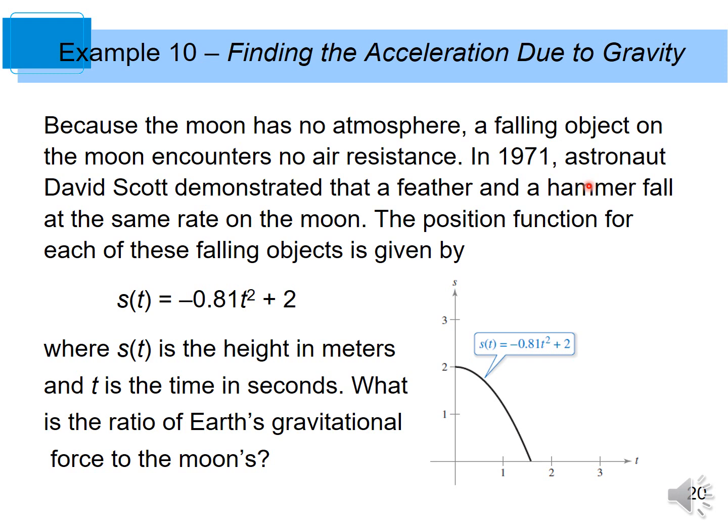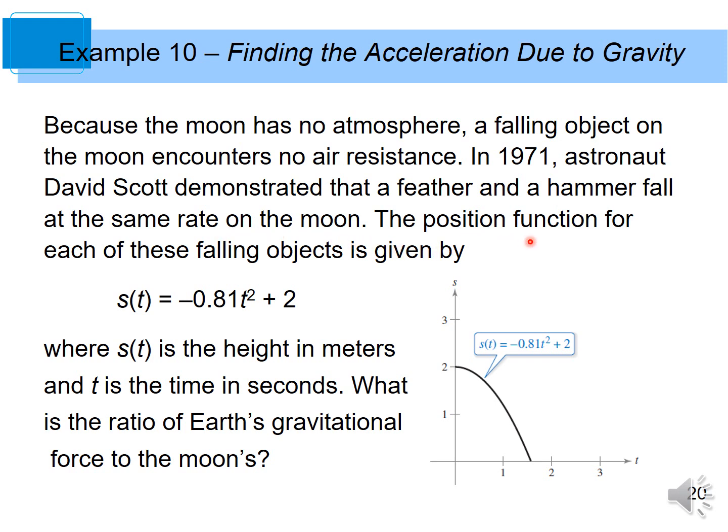Look at this example. Because the moon has no atmosphere, a falling object on the moon encounters no air resistance. In 1971, astronaut David Scott demonstrated that a feather and a hammer fall at the same rate on the moon.